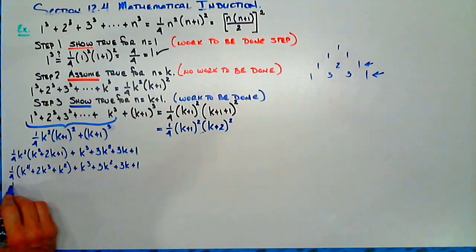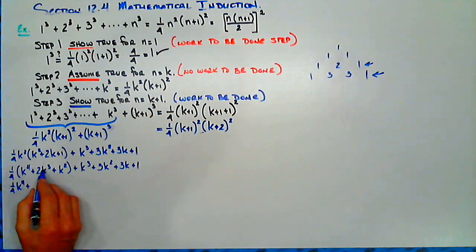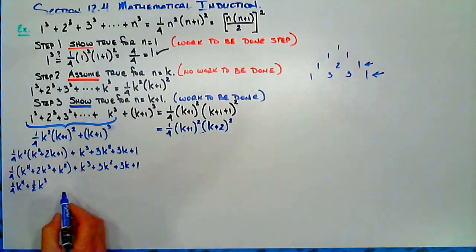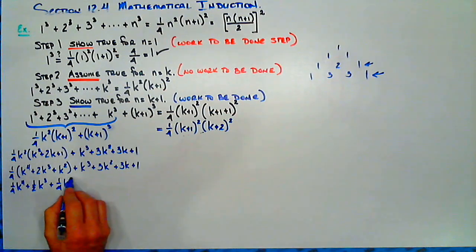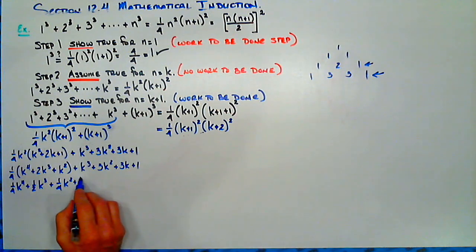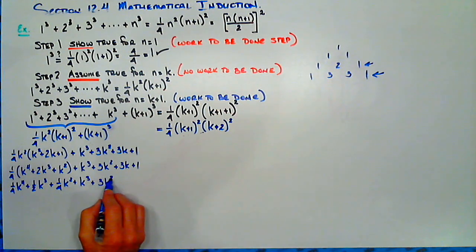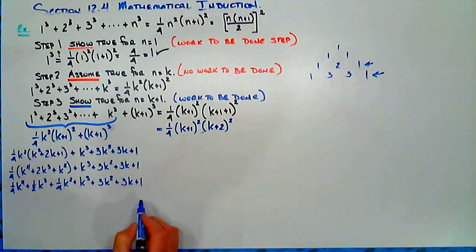We have 1/4 k to the 4th plus 1/4 times 2 is going to be 1/2, isn't it? 1/2 k cubed. And this is going to be 1/4 k squared. This is going to be k cubed plus 3k squared plus 3k plus 1.